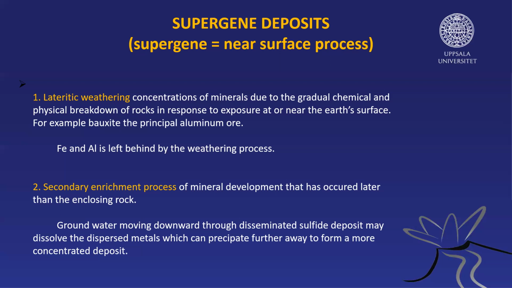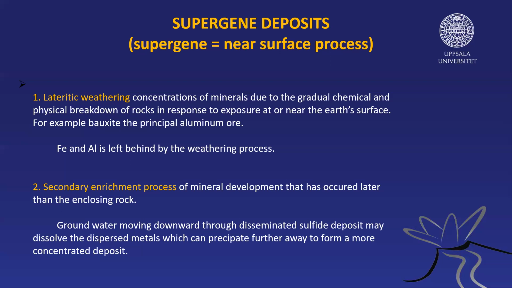That's the way you form bauxite, which is the main aluminium ore. Basically, you leach everything from the rock, you transform the rock into a soil, you keep leaching all the elements, and what is left behind is iron and aluminium. I'll talk about that very quickly after.